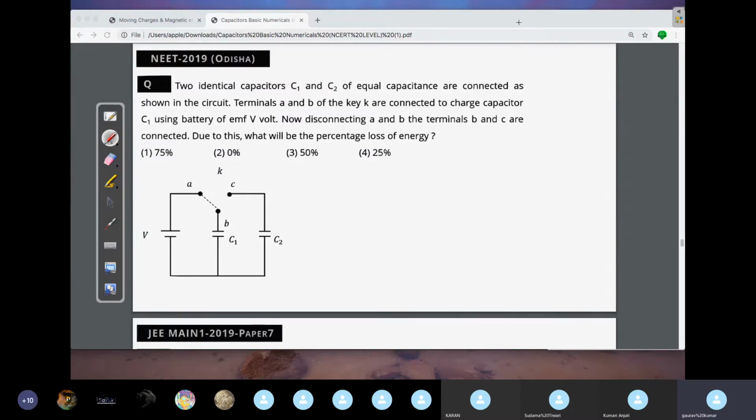I'm just writing the concepts again here. See, what I discussed with all of you: if you are charging this capacitor C1 with a potential V1, and then again let's say you're charging this second capacitor C2 with potential V2.